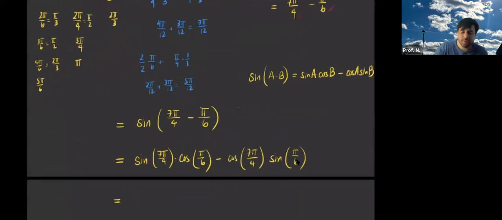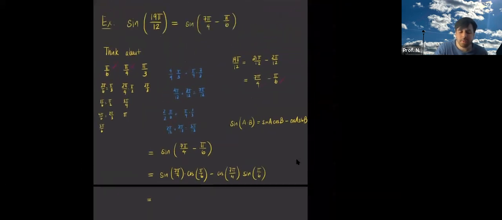And if you really find difficulty with radians, what you could do is take 19 pi over 12, convert it to degrees, and then work from there. Work with degrees. I think that might be a bit easier if you don't see the whole radian version of this.